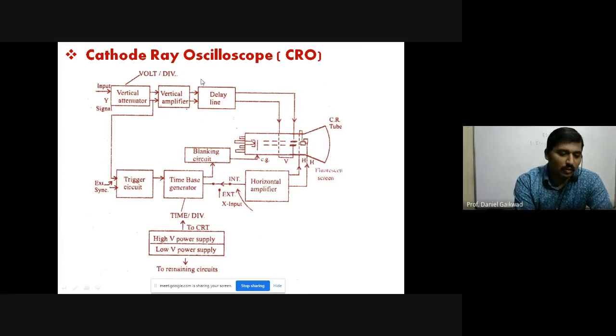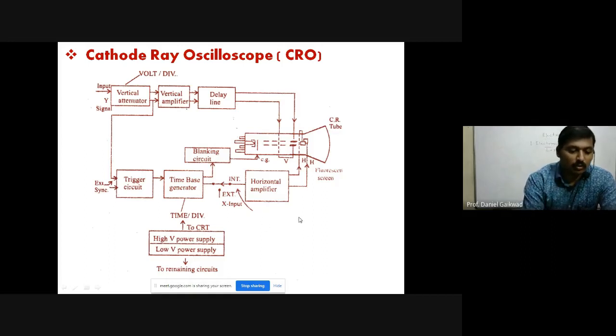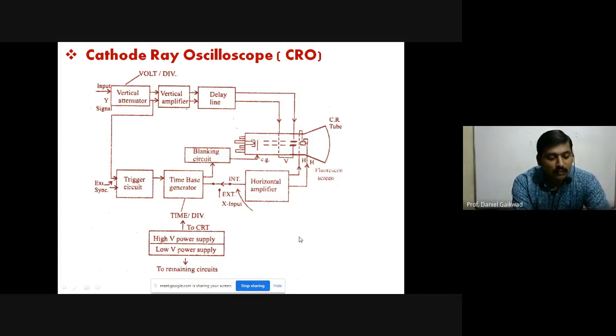Okay. Now we have the actual study of the block diagram of the cathode ray oscilloscope, CRO. Check carefully the number of components or blocks of the cathode ray oscilloscope. We begin with one particular block.